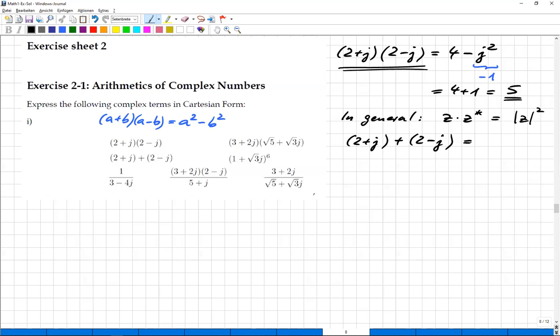So the result is purely real. It can be negative, but has no imaginary part. It's clear 2 plus 2 is 4, and j minus j cancels. So that's easy.